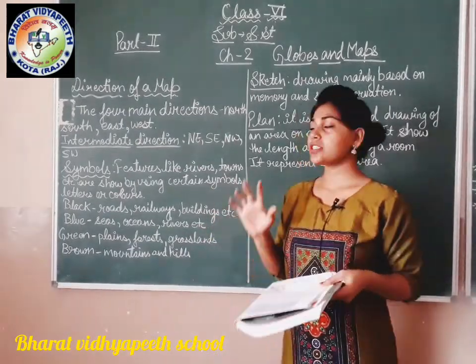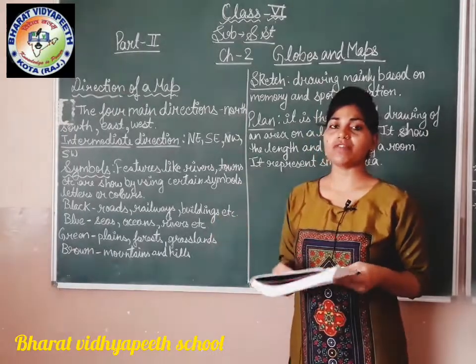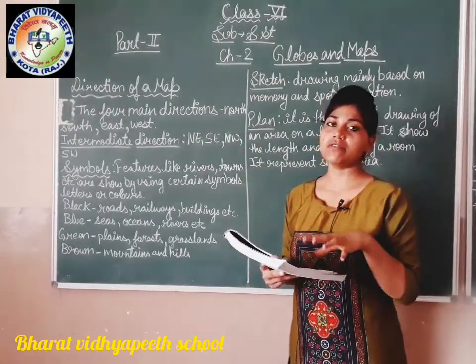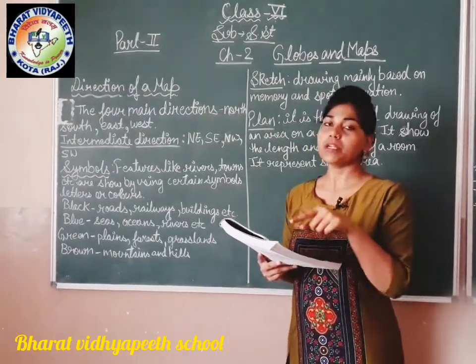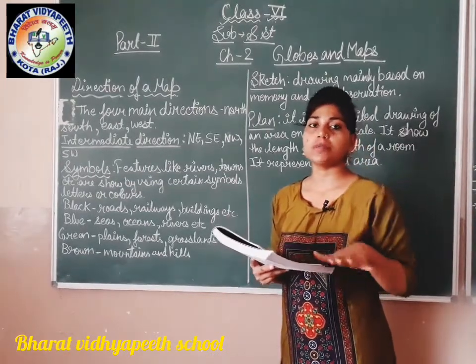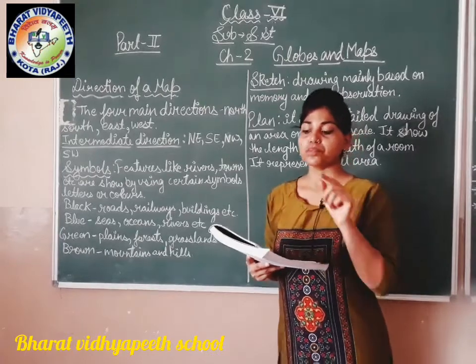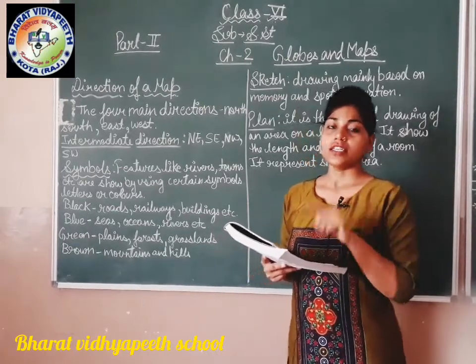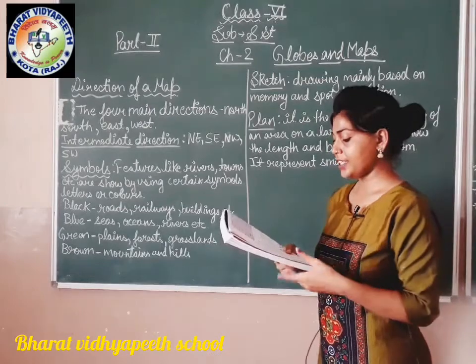So when we see a map, if symbols are there we can easily find out that this symbol represents the sea or ocean area, that this blue color shows that a sea or a river is present in that area.